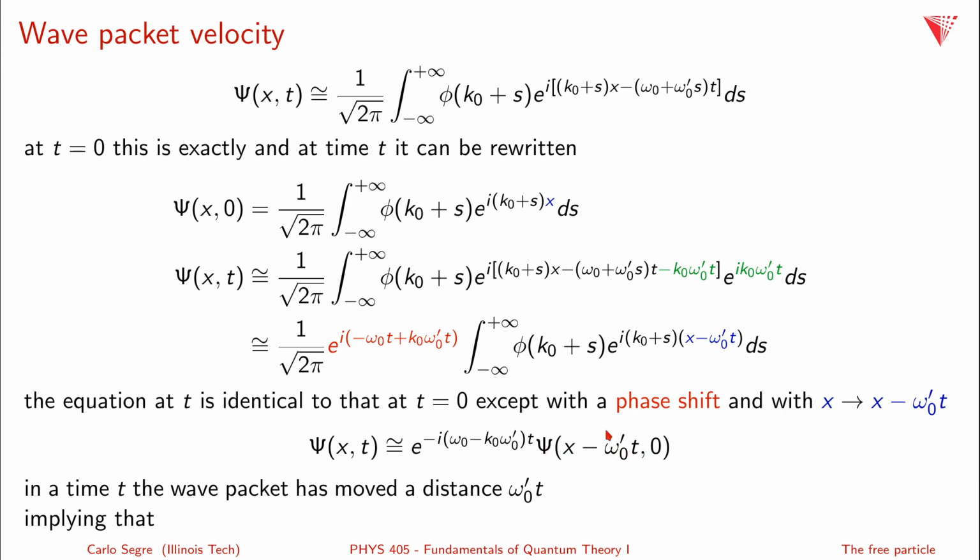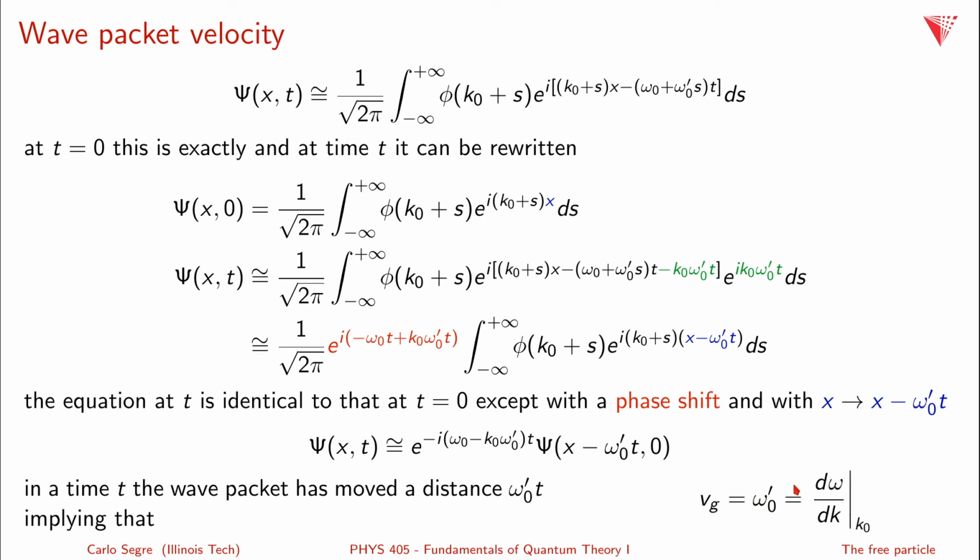Because this is the wave at time equals 0, but shifted by this amount with a phase factor. So what this means is that the velocity of this wave packet is related to omega prime sub 0. So Vg is omega prime sub 0.